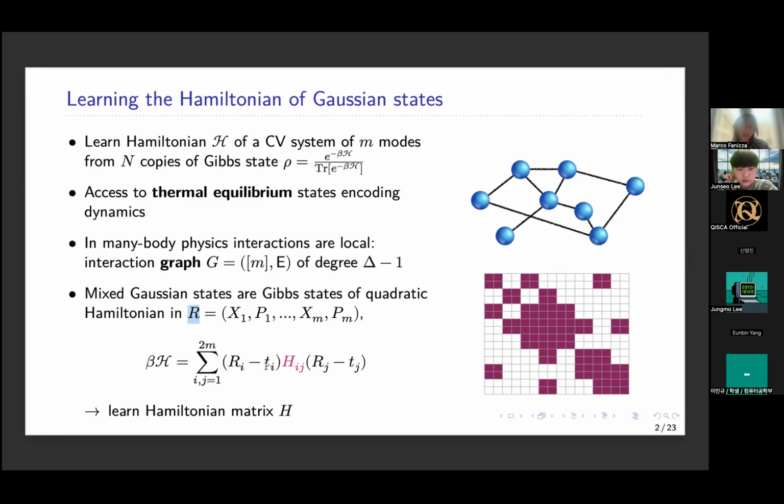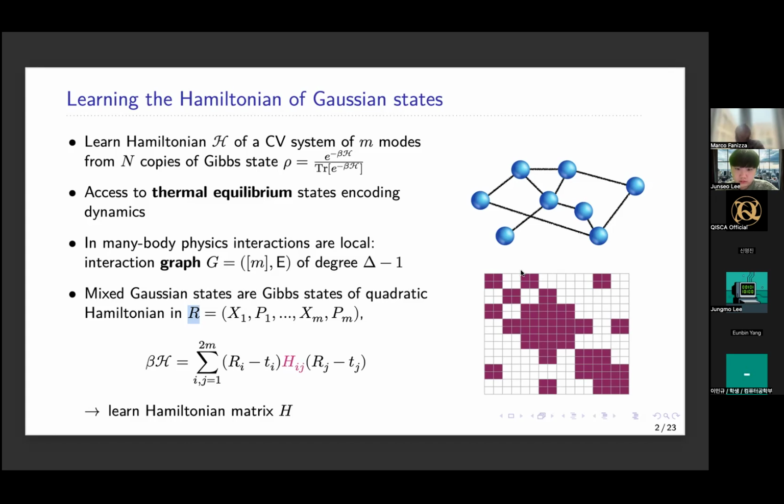And the R_i are exactly the coordinates of this vector of operators. And our interest is mostly in determining H_ij, which is a real matrix. So it's not an operator in the infinite dimensional system. This is a matrix of 2m times 2m real numbers. It's symmetric and it's positive definite.